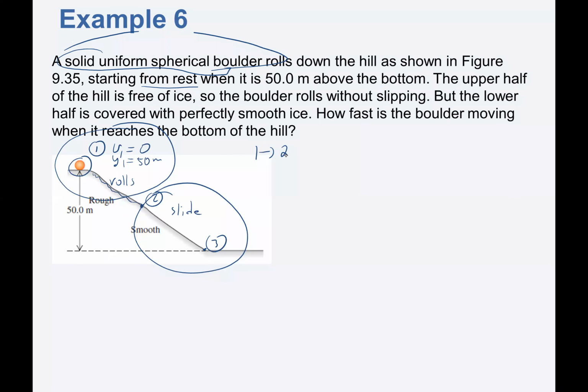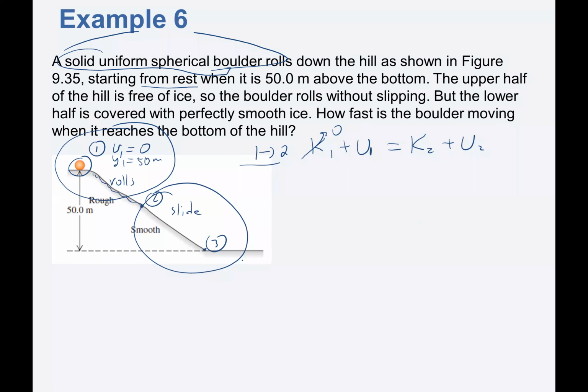So let's look at this. Going from 1 to 2, what I can say is this: kinetic energy of 1 plus potential energy of 1 equals kinetic energy of 2 plus potential energy of 2. I know for sure that there is no kinetic energy at point 1 because it started at rest. But there is potential energy at point 1 because it's 50 meters above the ground.